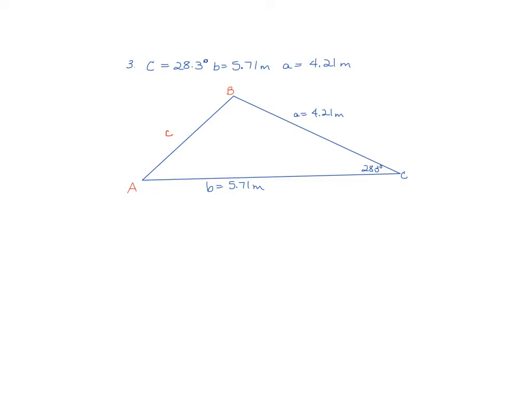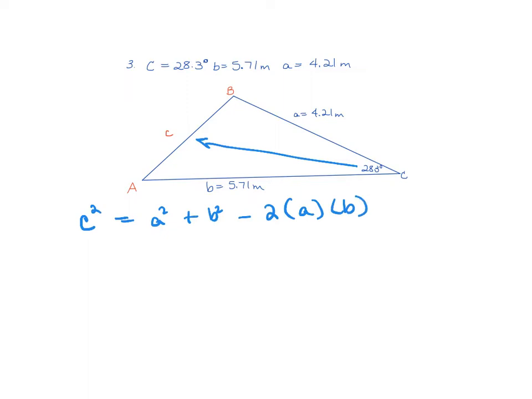I need to find angle A, angle B, and side length C. So again, the first thing I want to solve for is side length C. So I'm going to be doing C squared is equal to A squared plus B squared minus 2 times A times B times the cosine of C.